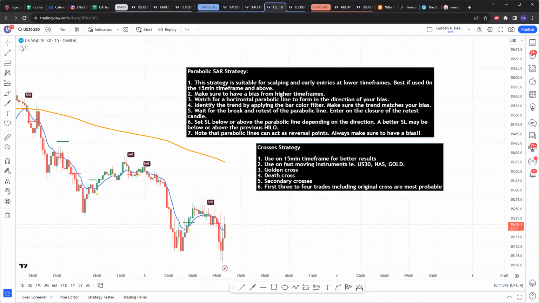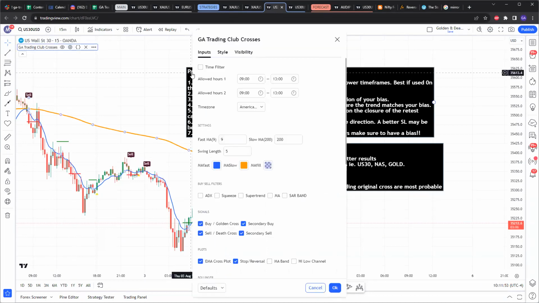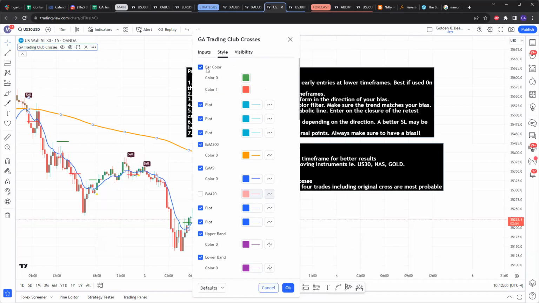So in all indicators right now, if you go to the bottom, all indicators now have a time filter where you can filter signals based off of the time frame that you trade. So that's one major improvement here. The next major improvement is the bar color option inside every indicator. If you turn on the bar color option, and I have it on all my indicators, it will color the bars based off of position above or below the 9 EMA.